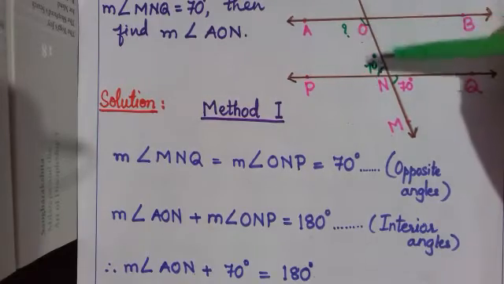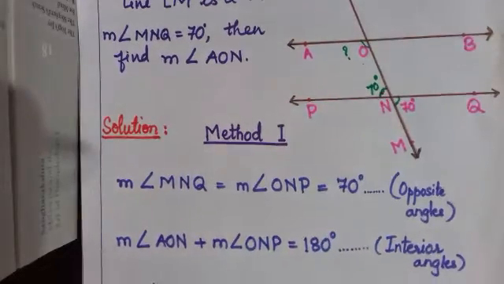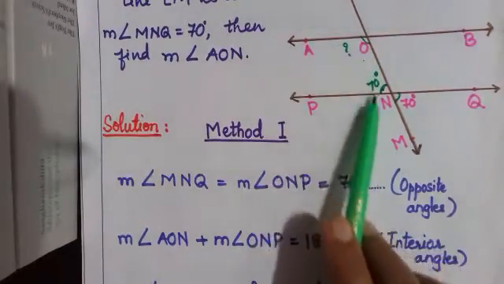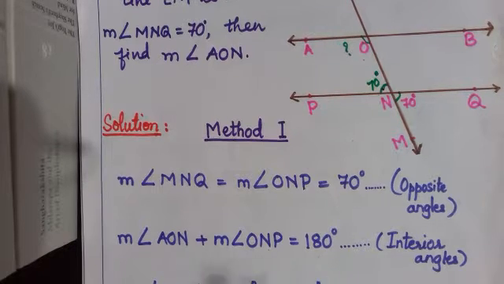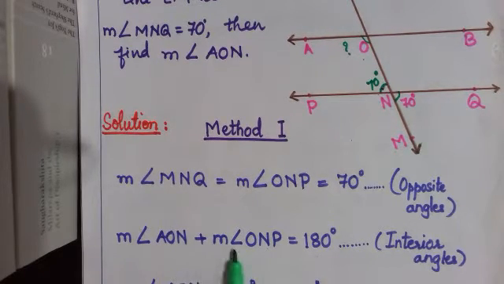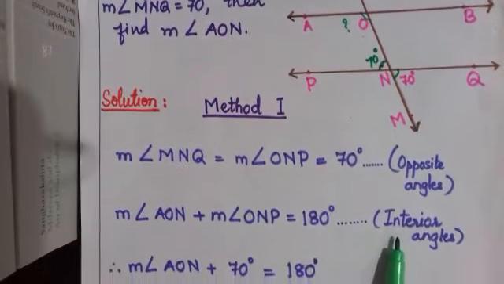In the first period we have seen interior angles are supplementary. So if you add these two angles, we should get 180 degrees. Measure of supplementary angles is 180. So angle AON plus angle ONP is 180 degrees. What is the reason? Interior angles.